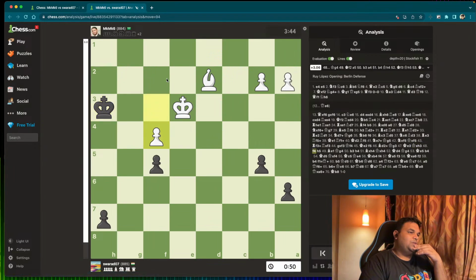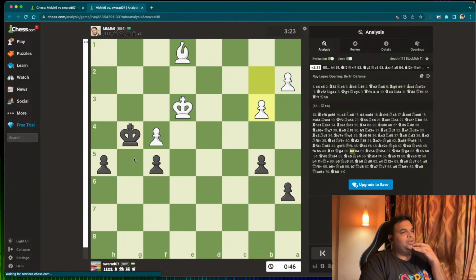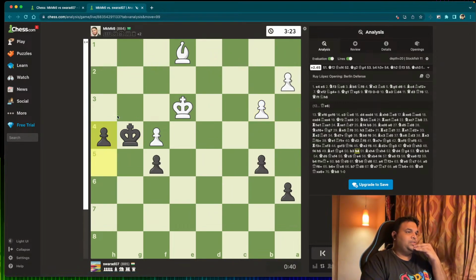I captured the first pawn, then I was still here, and you can see here as well, White is completely winning. I don't have a chance really. Like I said, I was just playing for a draw. White chose to move on the A and B side, which is still fine, and I chose to move this pawn.